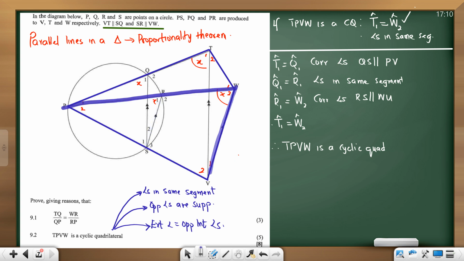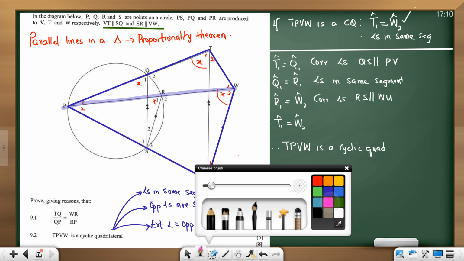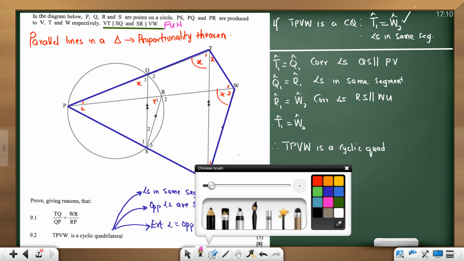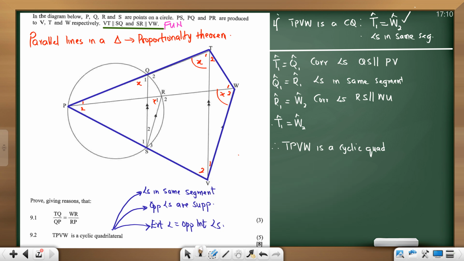So every time you see parallel lines, just make a note. I should be working with what? Angles. Now, what's our reason? Because we use the if statement, we come to what? Reason. Converse. Angles in same what? Segment. Thank you, Bokayo. You saved us.